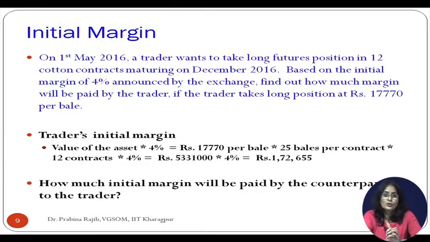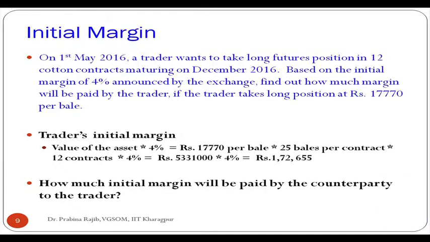Now my next question to you all is how much initial margin will be paid by the counterparty to the trader? The trader who took a long futures position, somebody else must have taken a short futures position. The answer is the same, the counterparty is also going to deposit 1,72,655 rupees, because the initial margin has to be paid by both the long futures position and the short futures position.